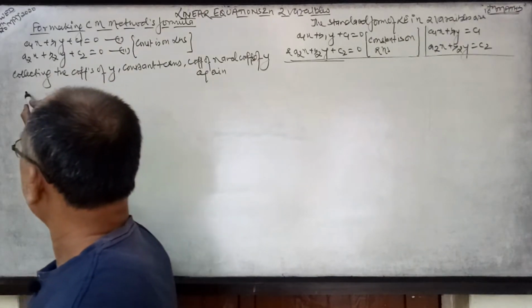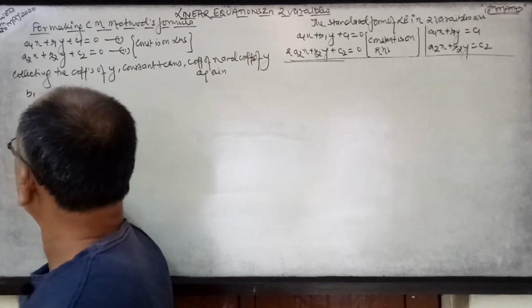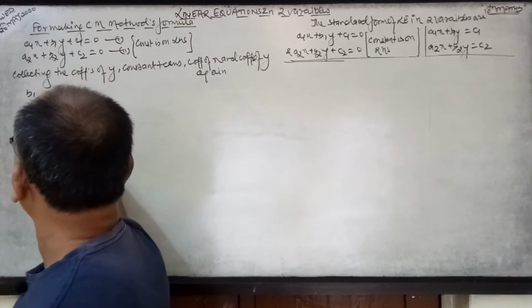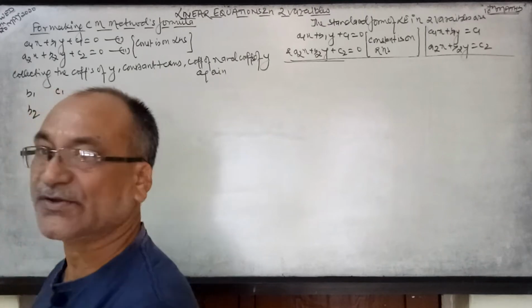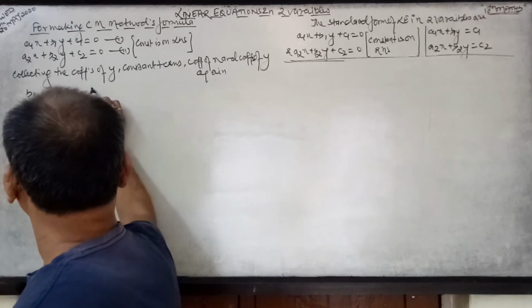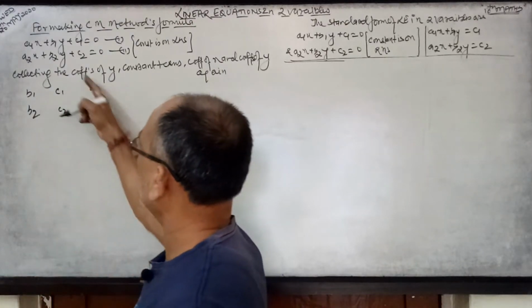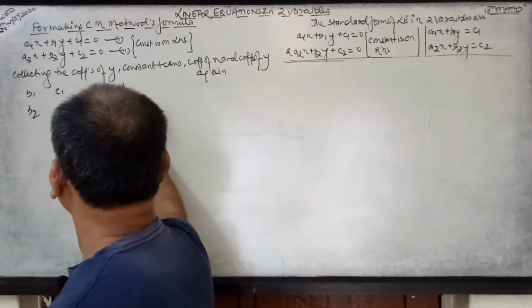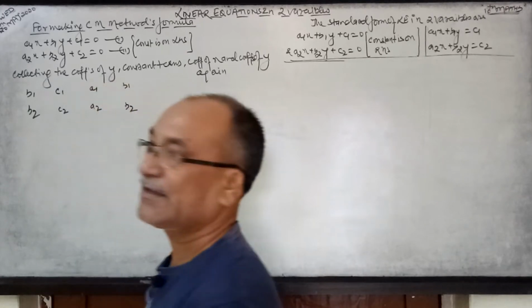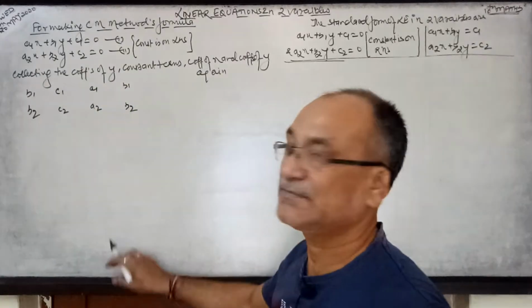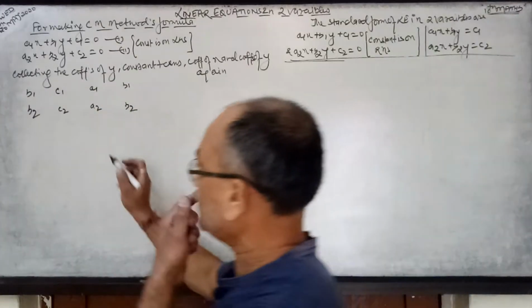Means b1, b2, they are the coefficients of y, c1, c2 is constant. Now a1, a2, the coefficient of x, and b1, b2, again the coefficient of y.